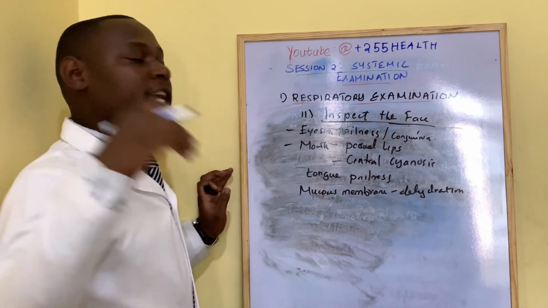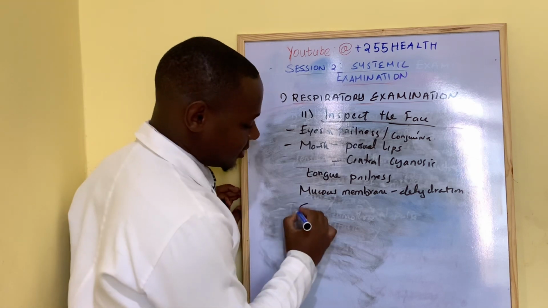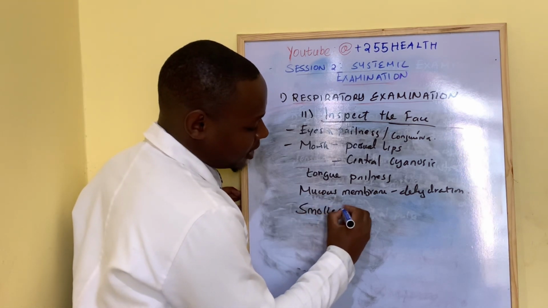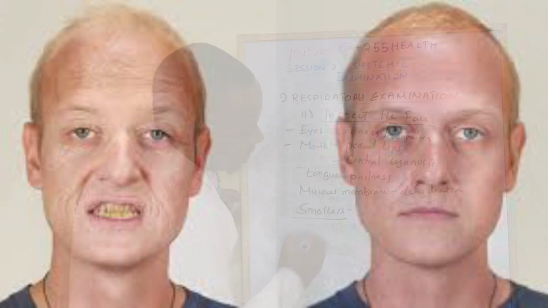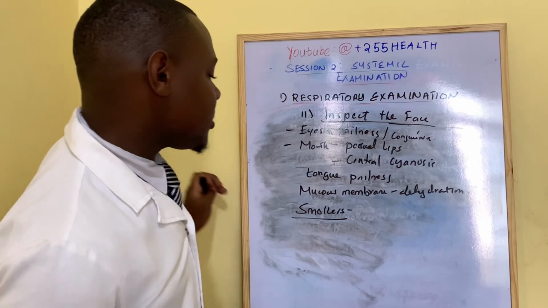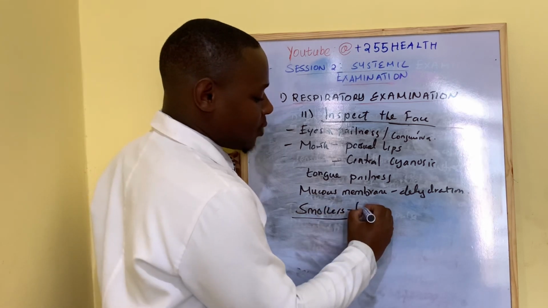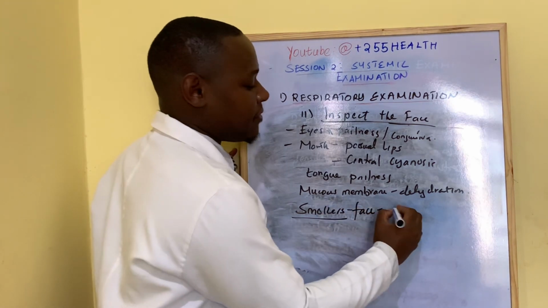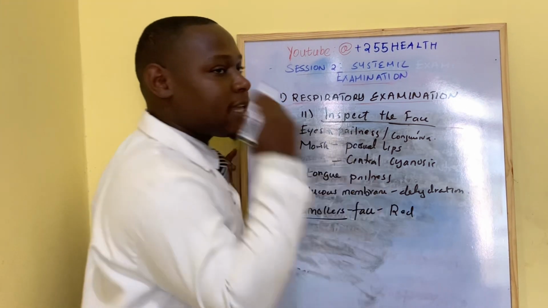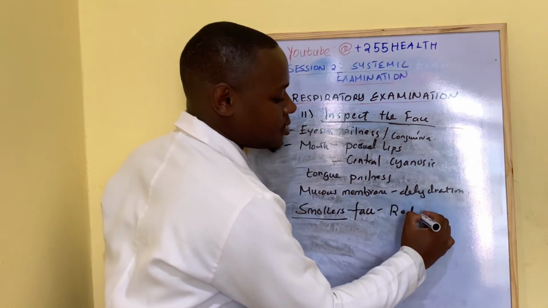And then also take note of something called smoker's face. So you have a patient you suspect of having lung cancer or lung problems secondary to smoking. Then you find something called smoker's face, whereby their face tends to be very red, especially near the eyes and the cheek areas.